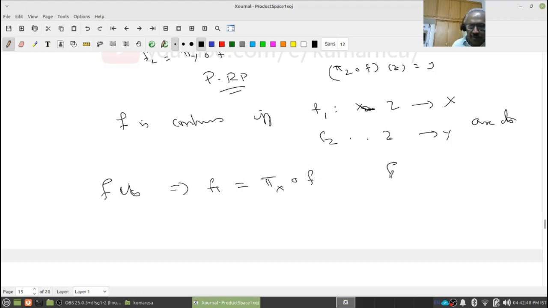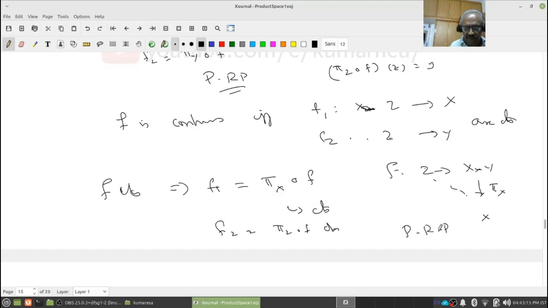Now, f is from z to x cross y and is continuous, and this is the projection map, and we know the projection maps are continuous. In fact, the product topology on x cross y is the smallest topology which makes pi x continuous. Therefore, the composite map is continuous. Similarly, f2 is continuous. Make sure you understand this.